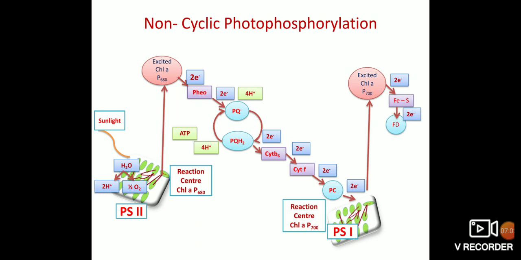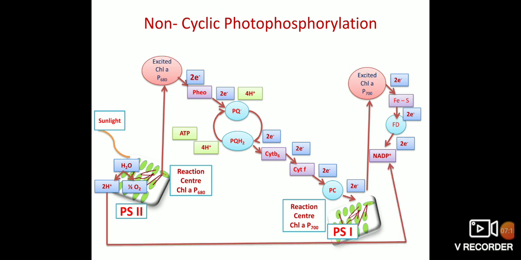The ferredoxin then transfers these 2 electrons to NADP. The NADP accepts 2 electrons from the ferredoxin, and also takes the 2 protons which were released during the photolysis of water and gets reduced to NADPH2.